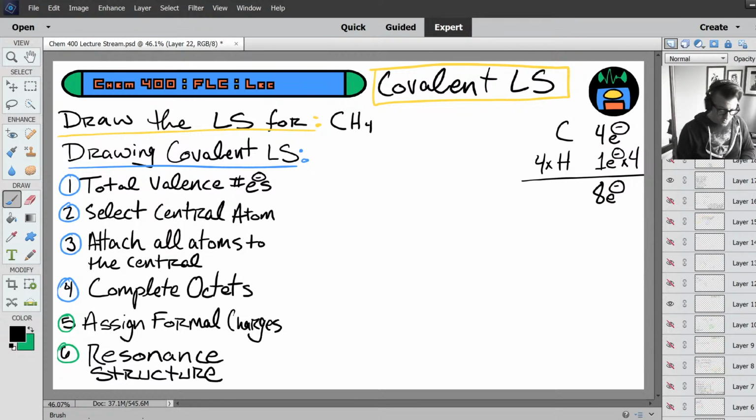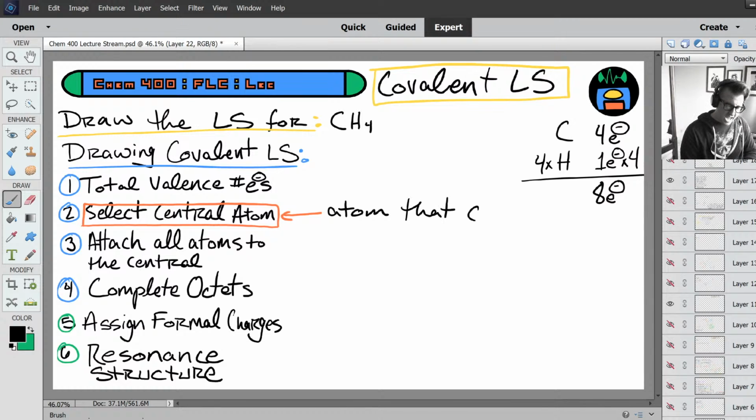Step number 2, we need to select a central atom. Now, you may be wondering how would you select a central atom? You always want your central atom to be the atom that can make the most bonds.